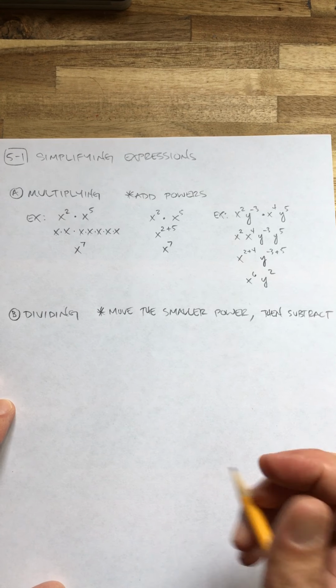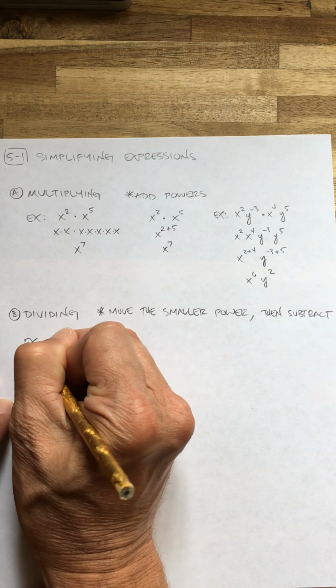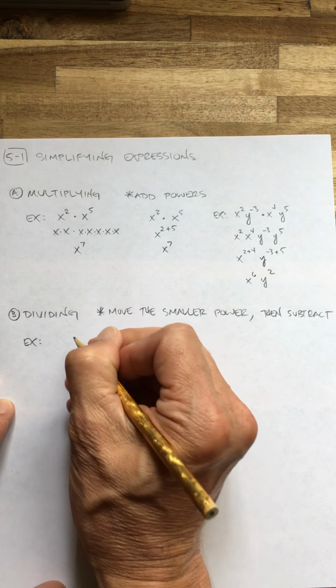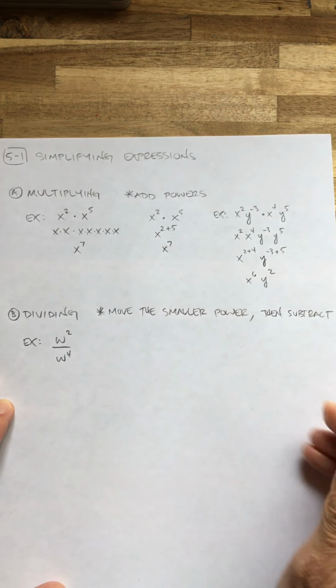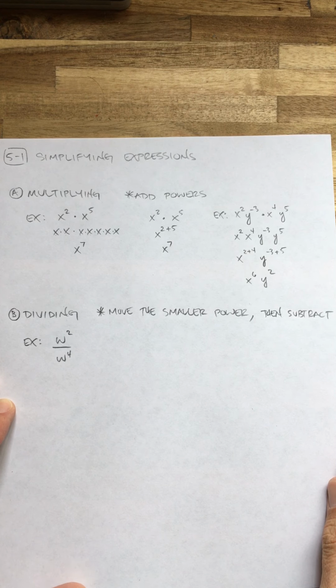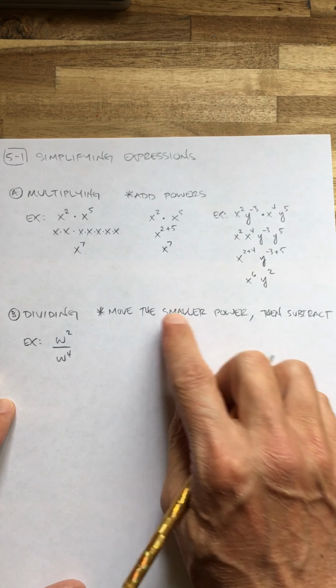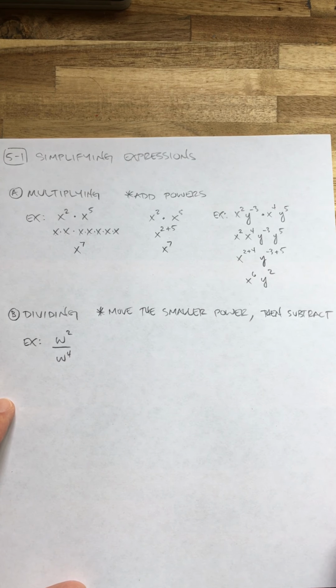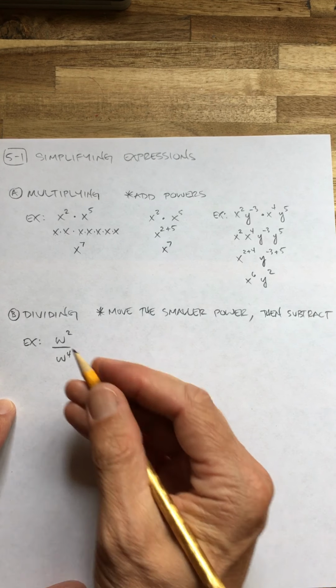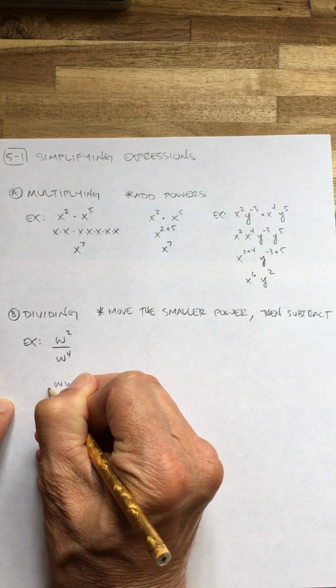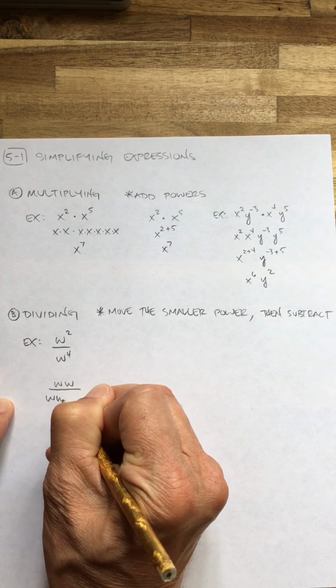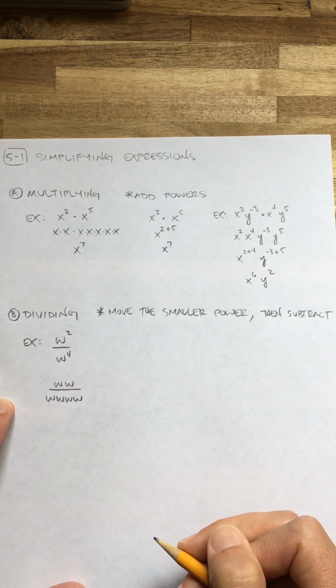Okay? Here's an example. All right, let's do w squared over w to the fourth. Okay. All right, so it says move the smaller power. What on earth do I mean by that? Well, let me just show you what this means really quick. We have w squared, that's w times w, over w to the fourth is w times w times w times w, right?